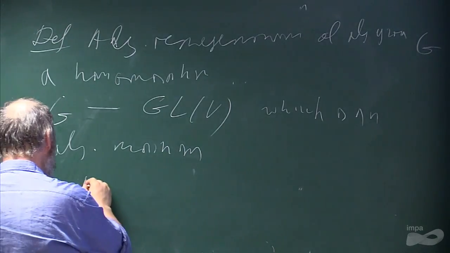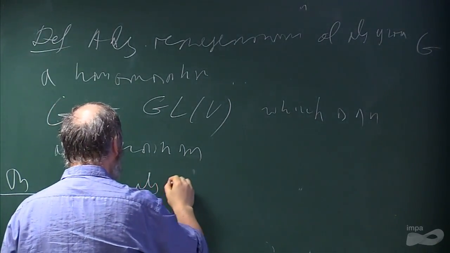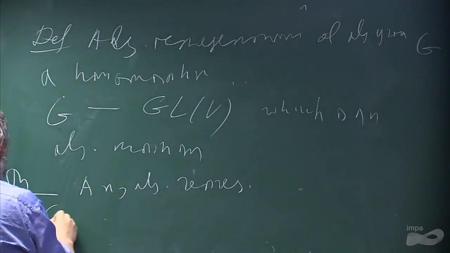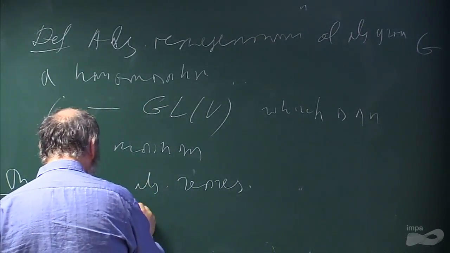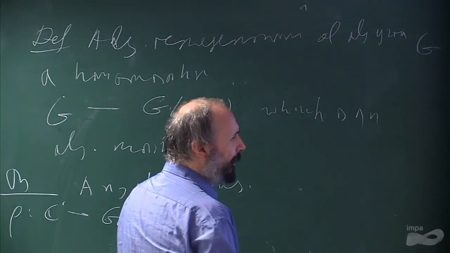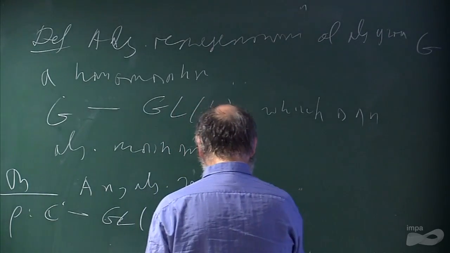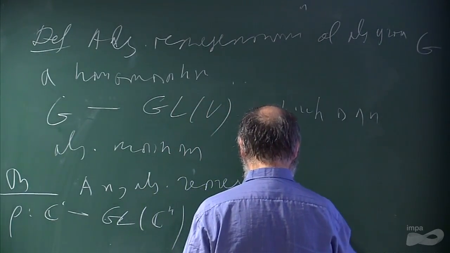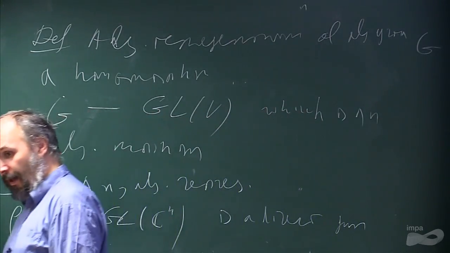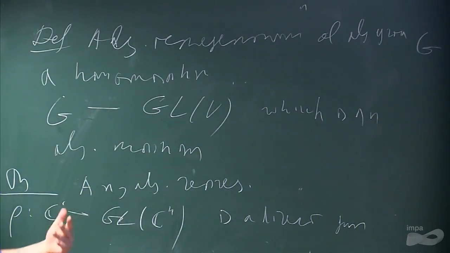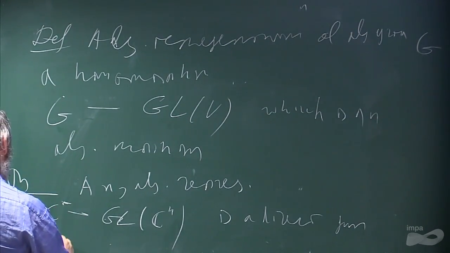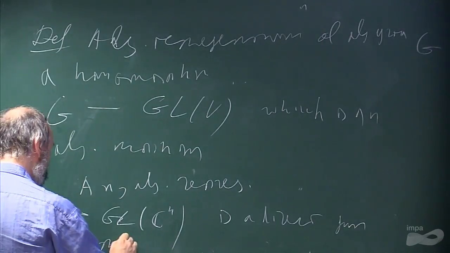So any algebraic representation rho from C star to GL of C^n is a direct sum. When I say a representation is a direct sum, I mean the space V is a direct sum of one-dimensional representations.